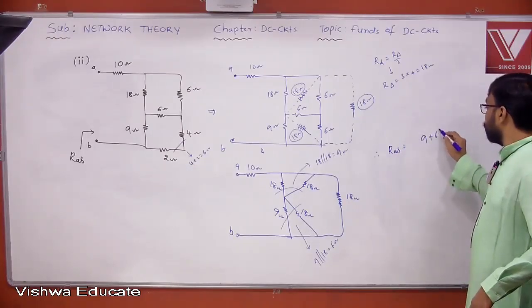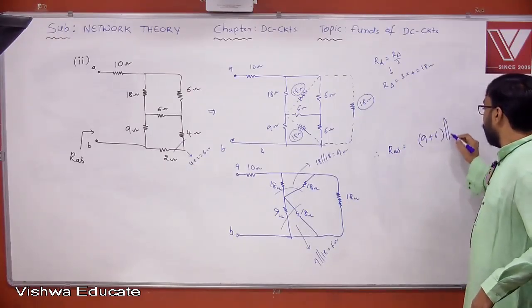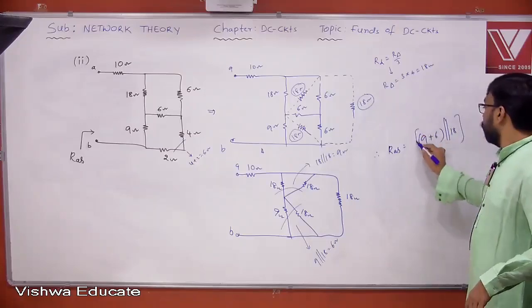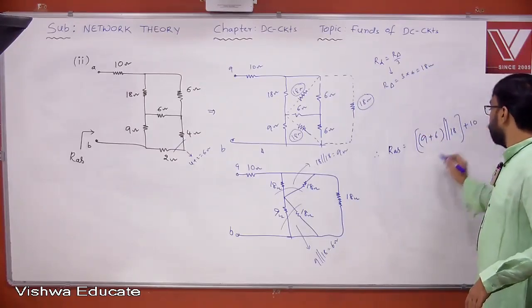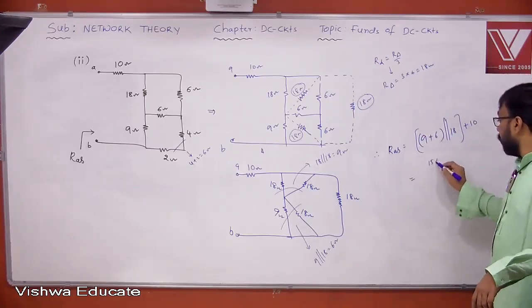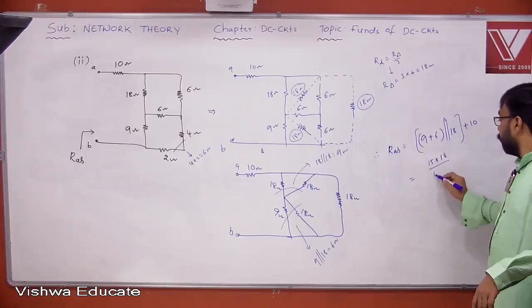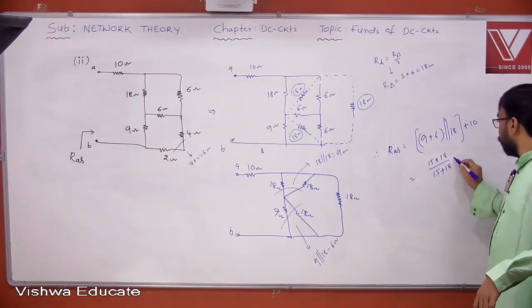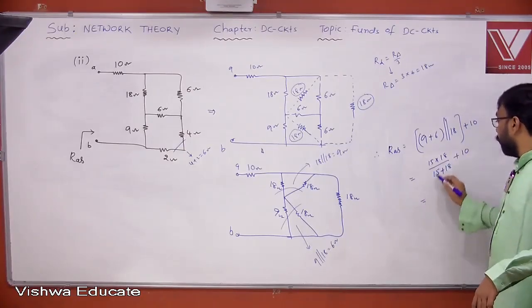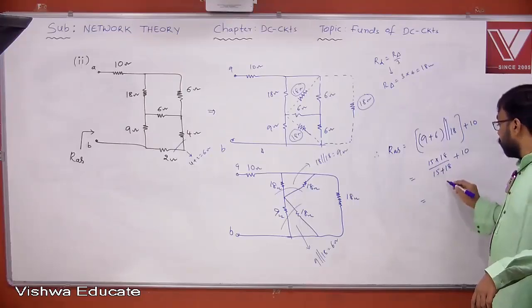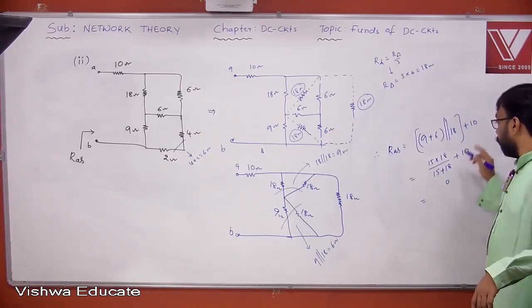9 plus 6 parallel with 18 plus 10. This is 15. 15 into 18 by 15 plus 18, plus 10. 15 into 18 is 270.